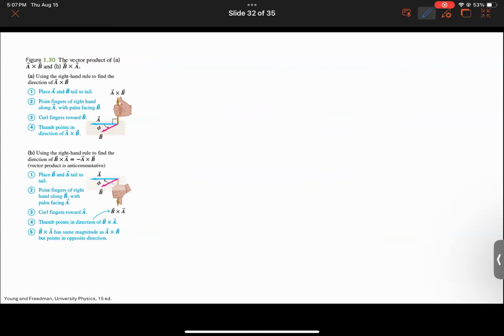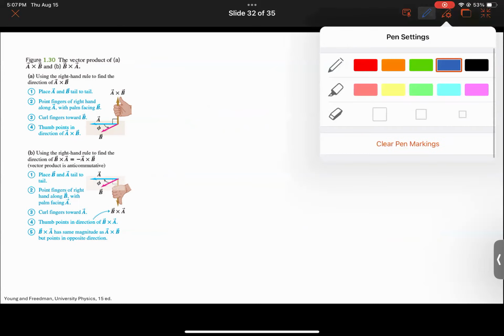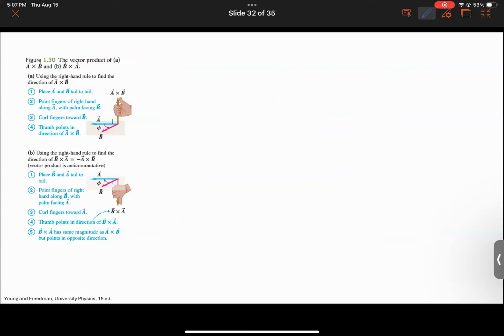Okay. The other type of vector multiplication is called the vector product. So ang ginagawa dito is you're multiplying two vectors, vectors A and B with each other. So A cross B, yan yung representation ng vector product of A and B, and B cross A, yan yung representation ng vector product of B and A. It's also called a cross product. Kasi gumagamit tayo ng cross to symbolize yung vector product.